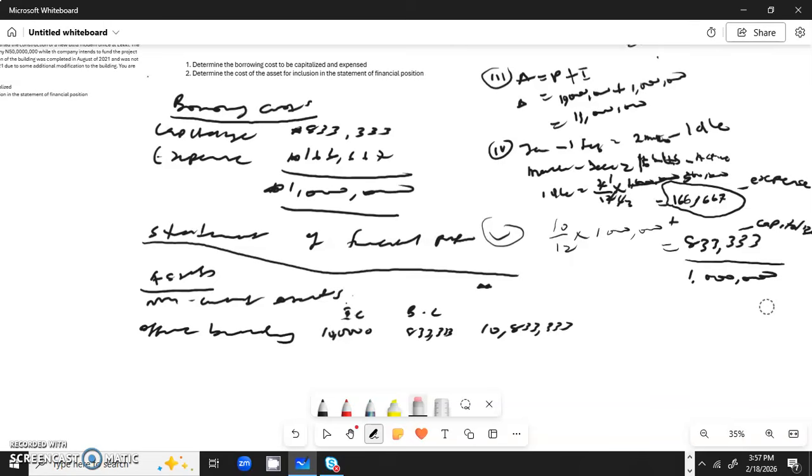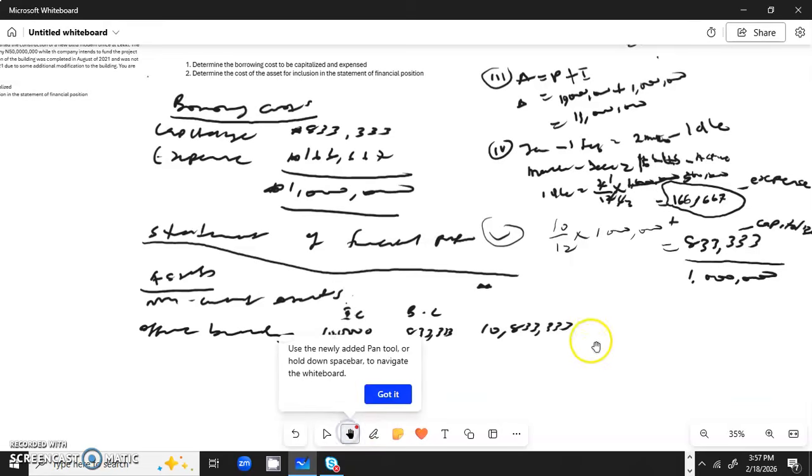Now, what are we going to expense? How do we recognize that? We know that in our income statement, let me try and draw that.